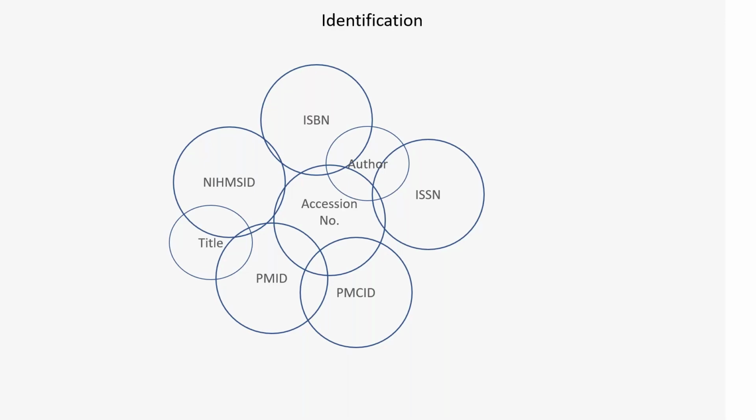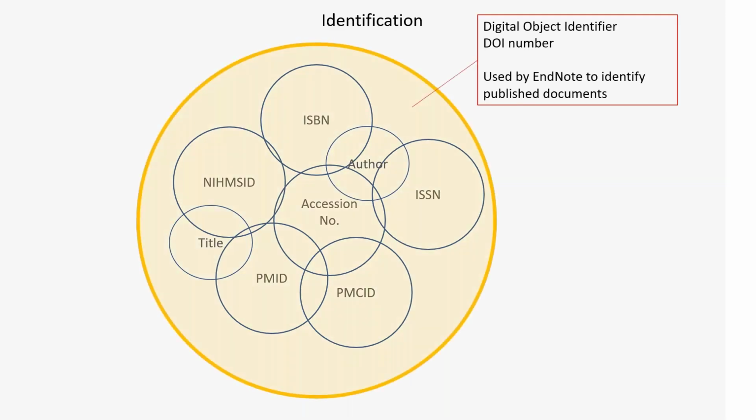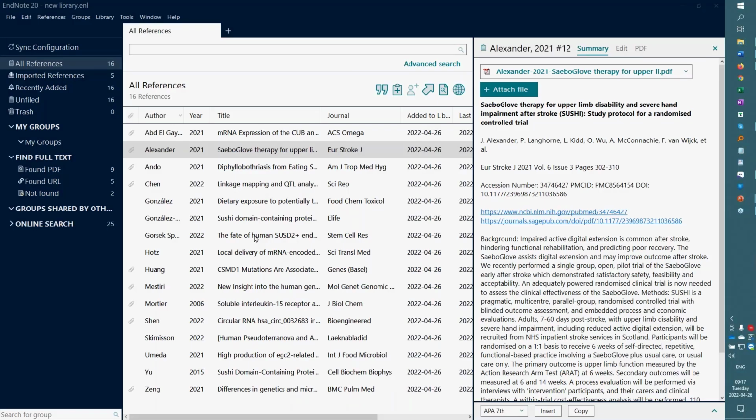The PMID number in PubMed is specific for PubMed. It's not specific if you go to another online database. But there is a number, the digital object identifier, the DOI number, and that's specific for the published document on the internet. The DOI number is the same regardless of what online database you go to. So with that said, let's have a look again at EndNote, and it should have found some.